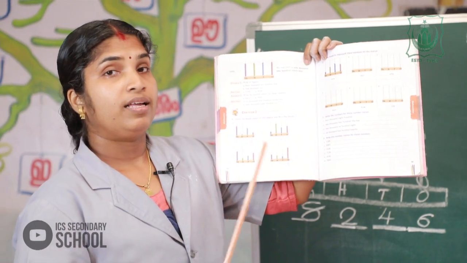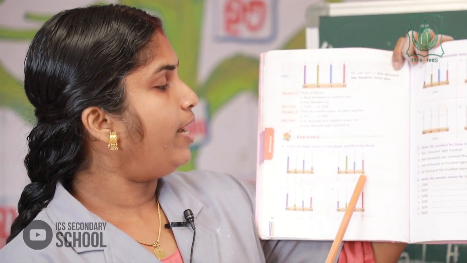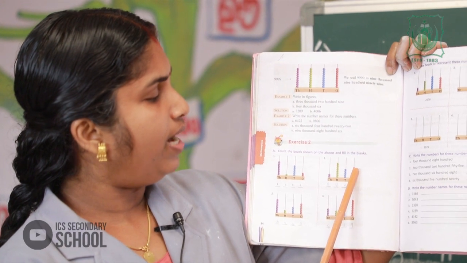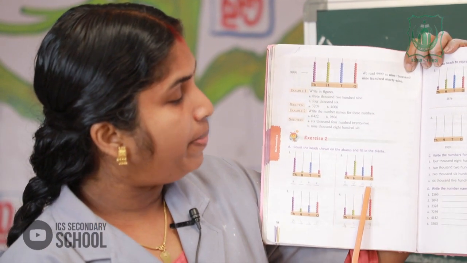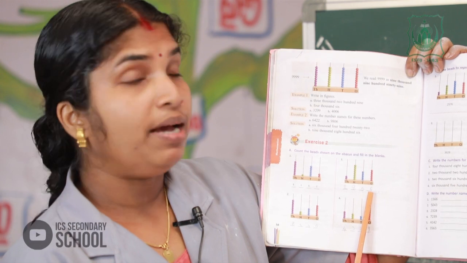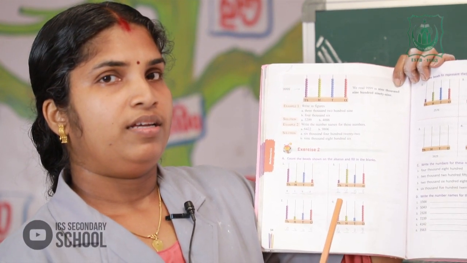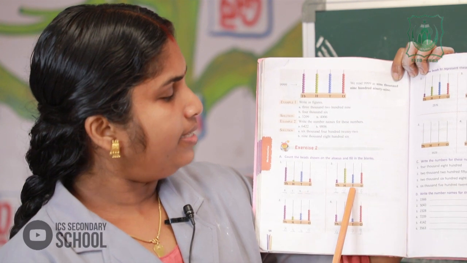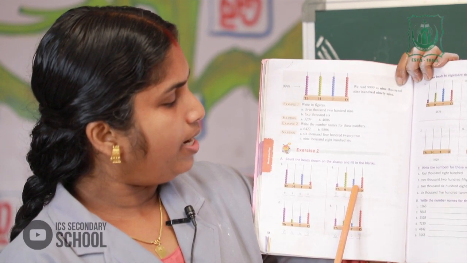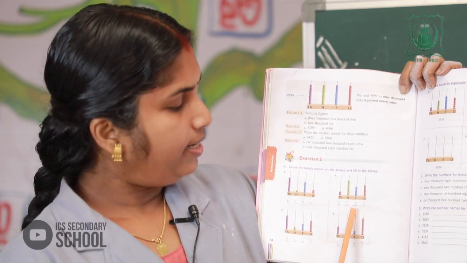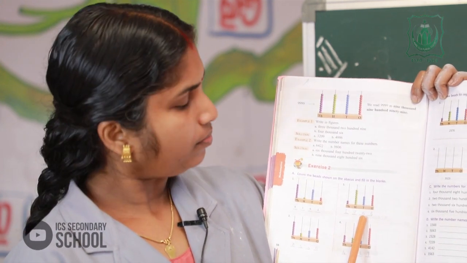Please count the beads on 1 place: 1, 2, 3, 4, 5, 6. Here in the blank place, please write the number 6. Have you finished? Okay. Next 10 place: 1, 2, 3, 4, 5. Here write the number 5.